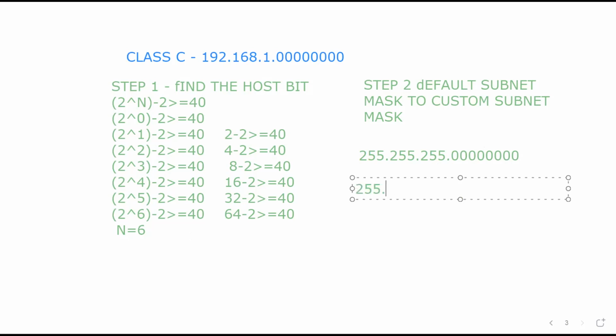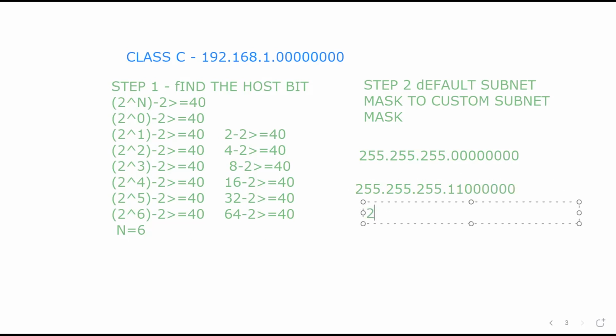I can write this like this: 255.255.255.11000000. Then I convert binary to decimal. So what does it come to? 255.255.255.192, right?